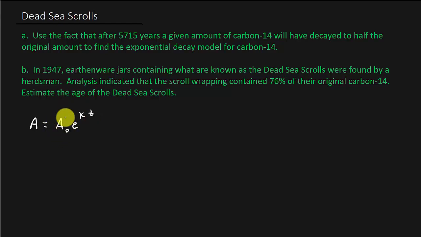So if we take A naught e to the k times 5,715, where I replace the t with 5,715, that should equal half of the original amount. So that's half of A naught.